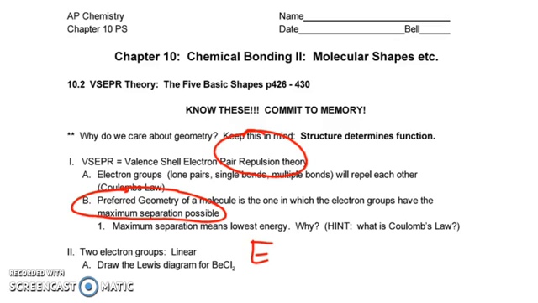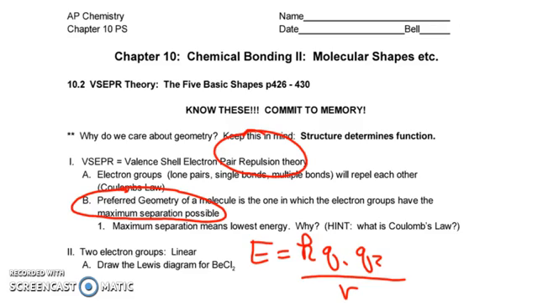Do you remember Coulomb's law? Energy equals k Q1 Q2 over R. We talked about this when we talked about lattice energy, when we talked about the ionic compounds and the bonds. We talk about this here as well, because if you have these like charges, these electrons, you know that they're going to repel each other.